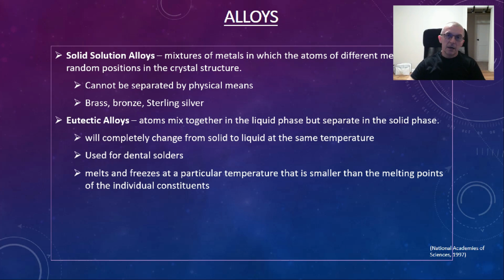So if you have two metals that make up this solder metal, one metal will melt at one temperature, the other one will melt at a different temperature. But if you put these two metals together, they melt at a lower temperature.